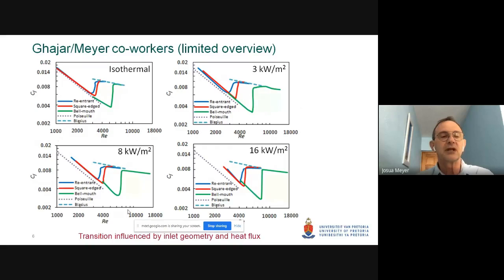For the bell mouth, the transition occurs not at approximately 2,300 that the textbooks are showing us, but only at a Reynolds number of approximately 8,000. So that is why the type of inlet is actually quite important the moment experiments are being conducted, not for laminar Reynolds numbers, but close to the transitional flow regime, then they are very important. Next slide, please.